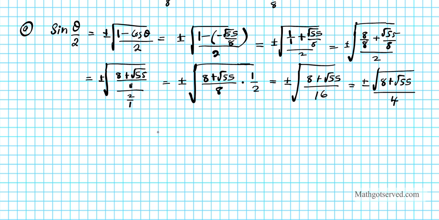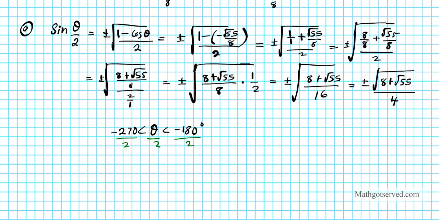In the original problem, we know that theta is between negative 270 and negative 180. So where do you think theta over 2 is going to reside? We divide everything by 2 because we're looking for theta over 2. So divide theta by 2, divide 270 by 2, and then divide 180 by 2.